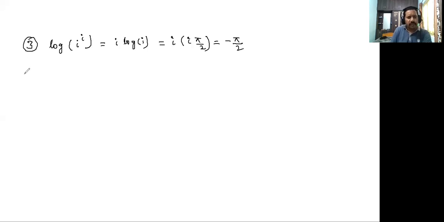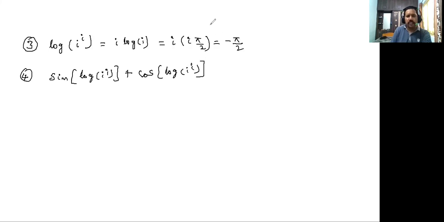This is the answer. Now sometimes they will give the question like this. Sine of logarithm of i power i plus cos of logarithm of i power i. This is the question. Now sine of, what is logarithm of i power i?